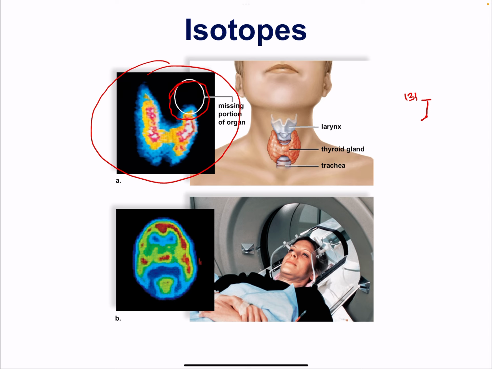The red zones right here, surrounded with green, are the areas where activity is happening, so that we can track in an individual who is either prone to develop Alzheimer's or is already having Alzheimer's whether the disease is progressing over time or not. So isotopes are very useful that way.